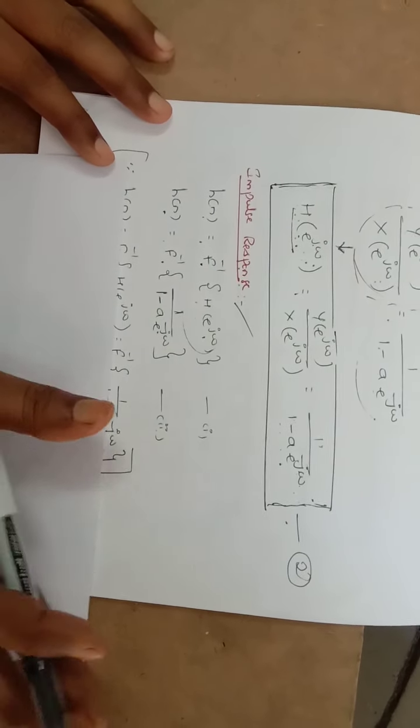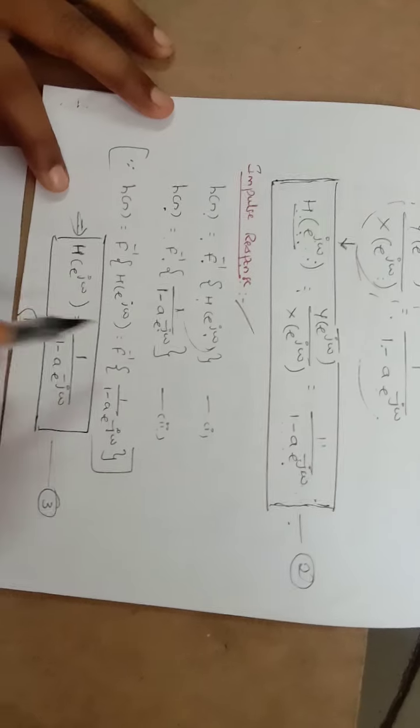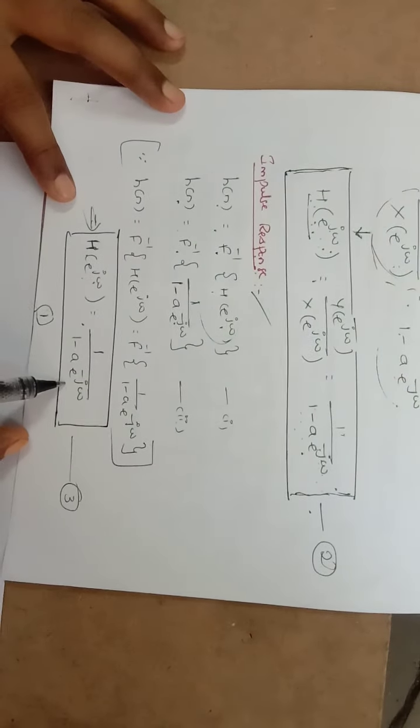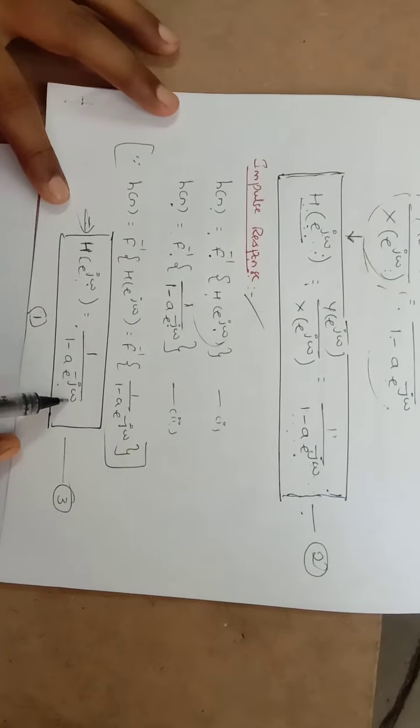Finally, H of e power j omega is equal to 1 by 1 minus a into e power minus j omega. This is the third equation. H of e power j omega is called the frequency response of the causal LTI system whose impulse response is h of n.